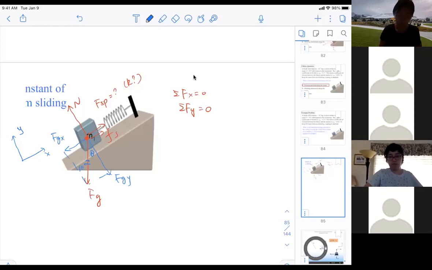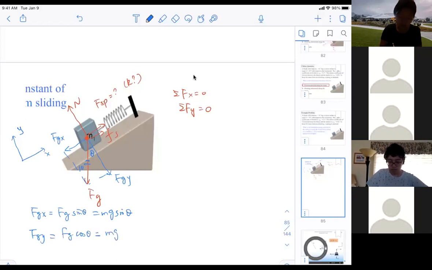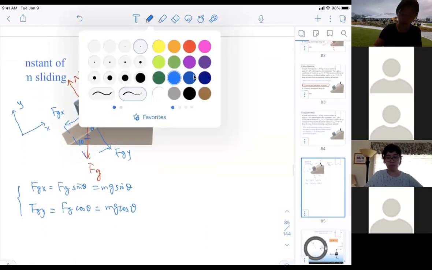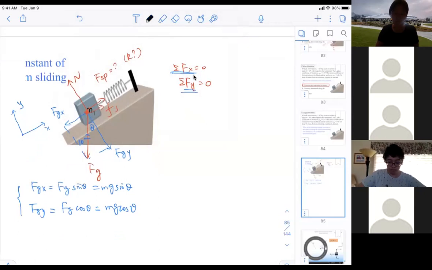The X component is mg sine theta, and the Y component is mg cosine theta. Now we're going to put everything together for the X direction and for the Y direction. Any questions so far? Does that all look clear?